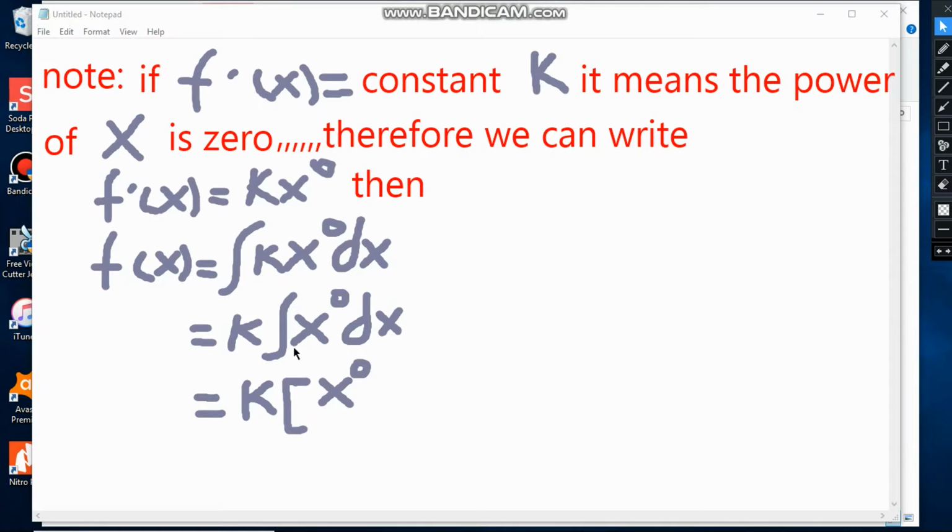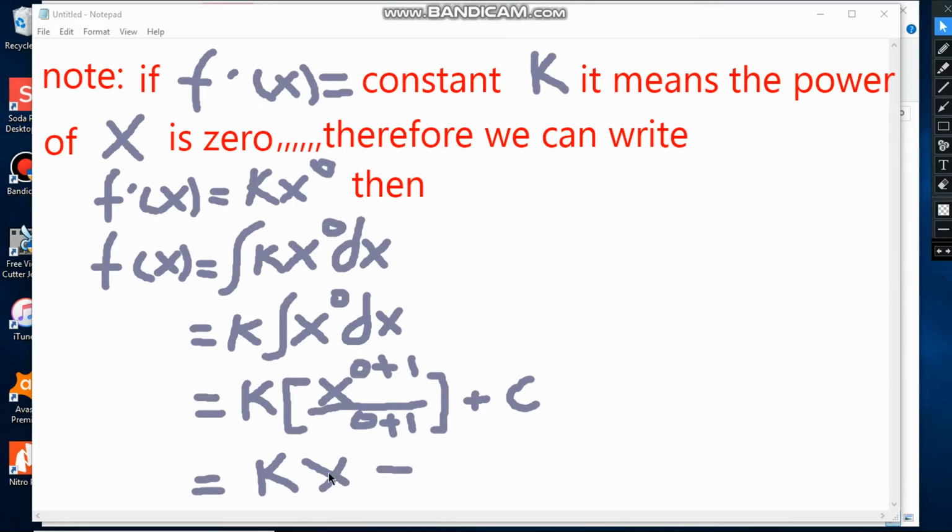We divide this variable by the result that we obtain after adding 1 to this power of 0. So what we get is this one. And we must add a constant as usual. So the final answer is kx plus c.